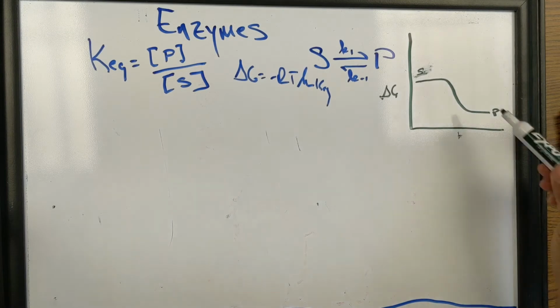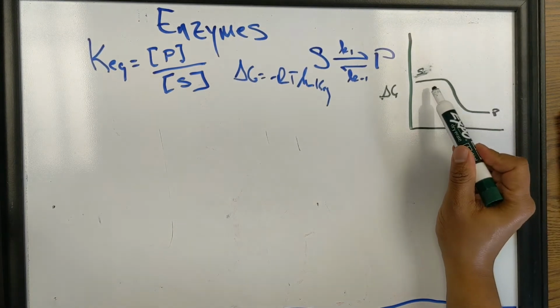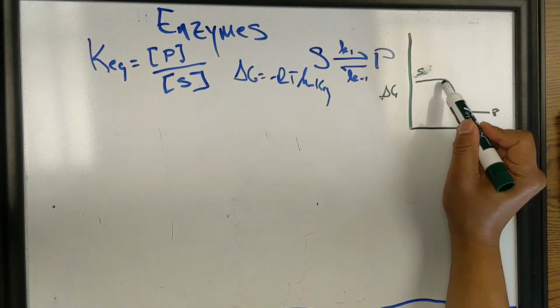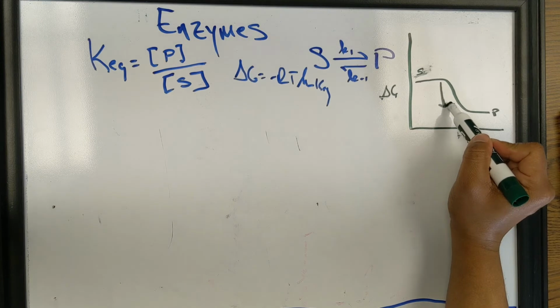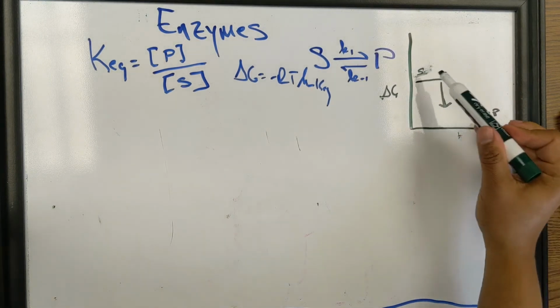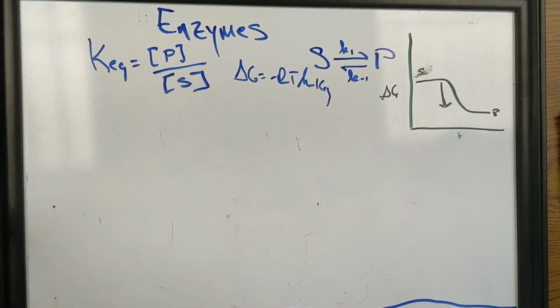We know that because the products are at lower energy than the substrate, and this is an exergonic reaction, and there's a release of energy. The delta G in this case is going to be the difference between the free energy of the substrates and the free energy of the products. So this tells you whether reactions are exergonic or endergonic, but it can't tell you how fast something will go.